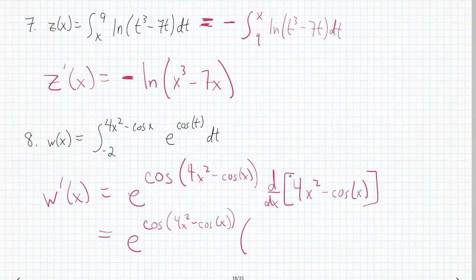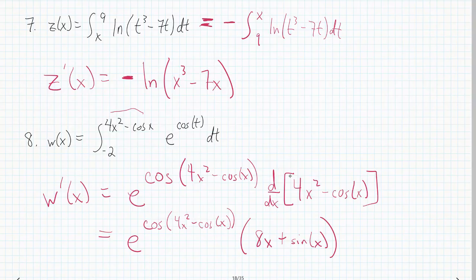The derivative of that is 8x minus, the derivative of cosine is negative sine. So that makes a positive when you go minus and minus, so positive sine of x. And you're done. So that's the one thing that most people forget with the fundamental theorem of calculus part 1.